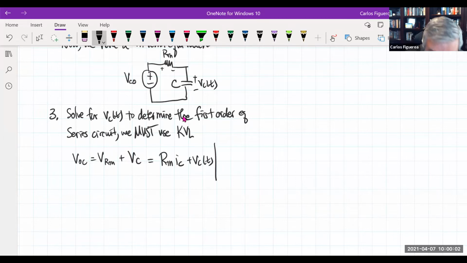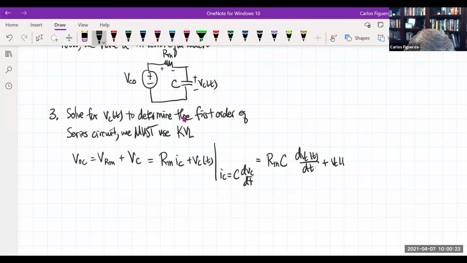But wait a minute, the current of the capacitor, which is the capacitor equation, reads like this. So if I substitute this in here, what you're seeing is that I'm going to get an RC constant times dVC/dt, plus VC of t, and this guy is my source. So right away, this is my first order equation.